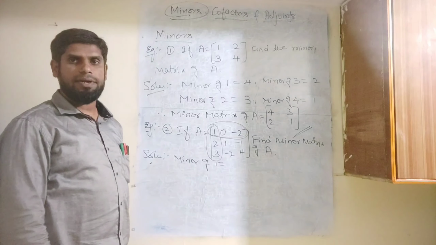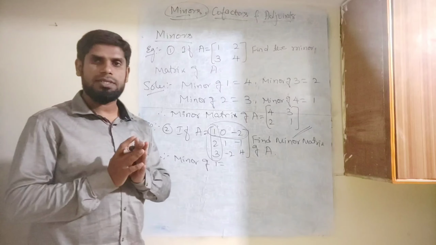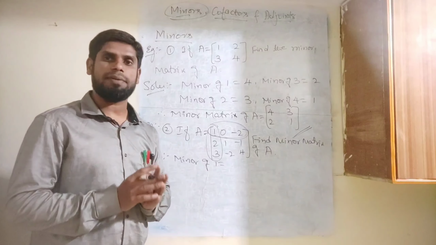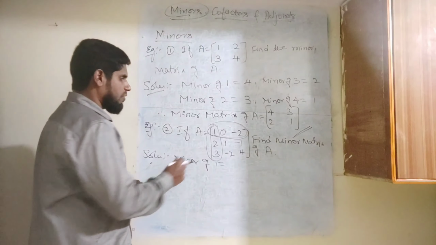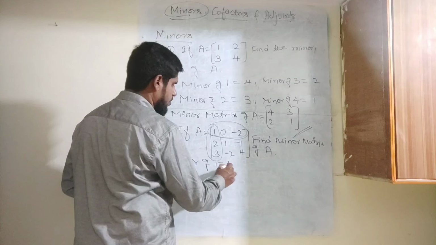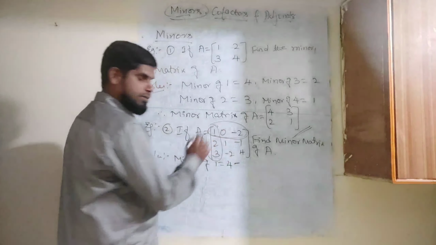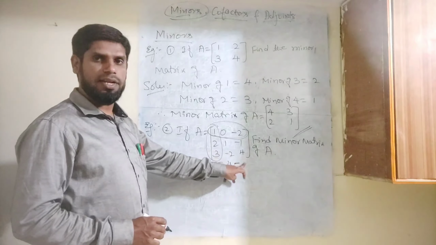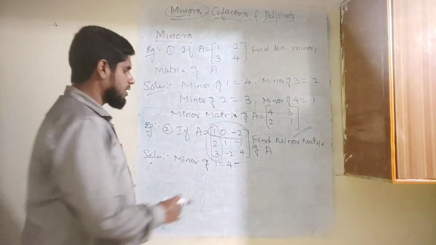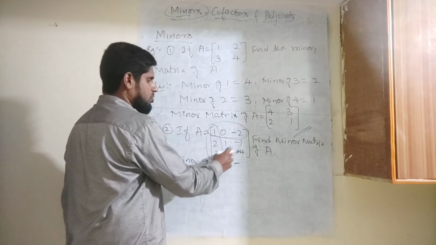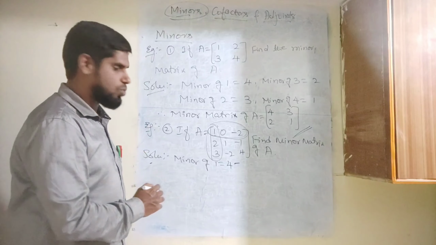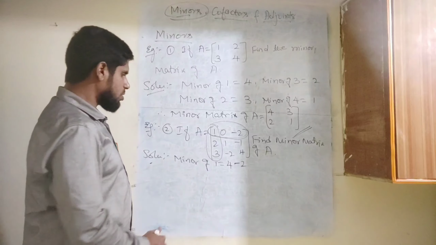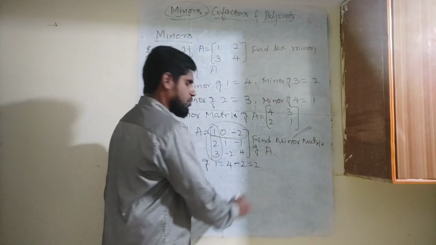In a determinant, whenever we get 4 elements, we should use RCM, the rule of cross multiplication. So 1 into 4, 4, minus, after the multiplication of the principal diagonal we write minus, then the next diagonal: −2 into −1 is plus 2, but we have minus here, so it is minus 2. Finally I get 2 as its minor.